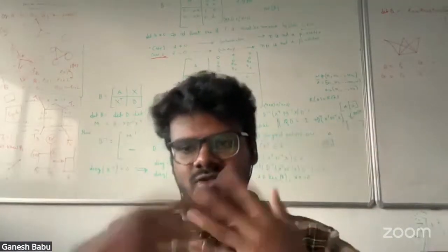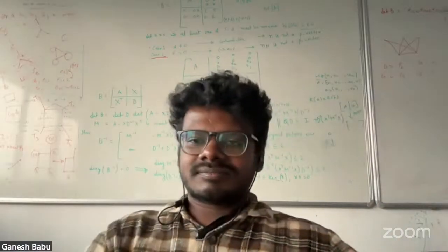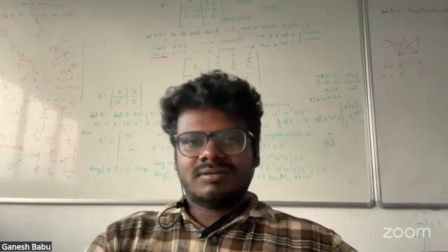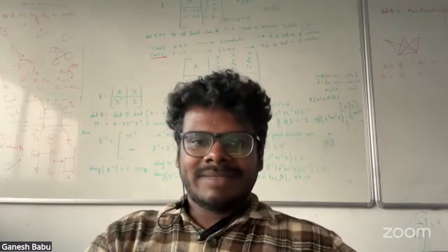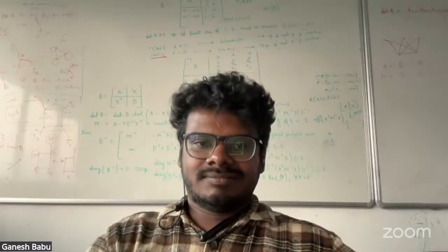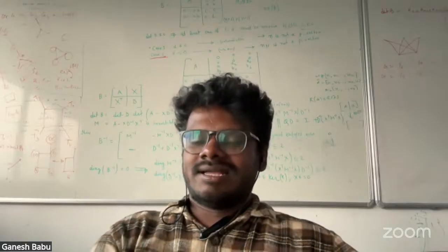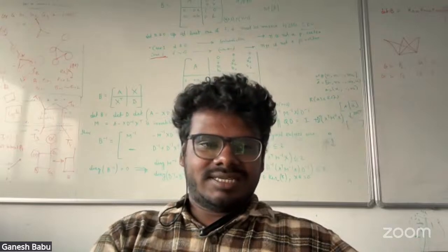So the statement four is true, right? Same way we can say statement one, statement two are also true. So statement three is the only one that is false, right?